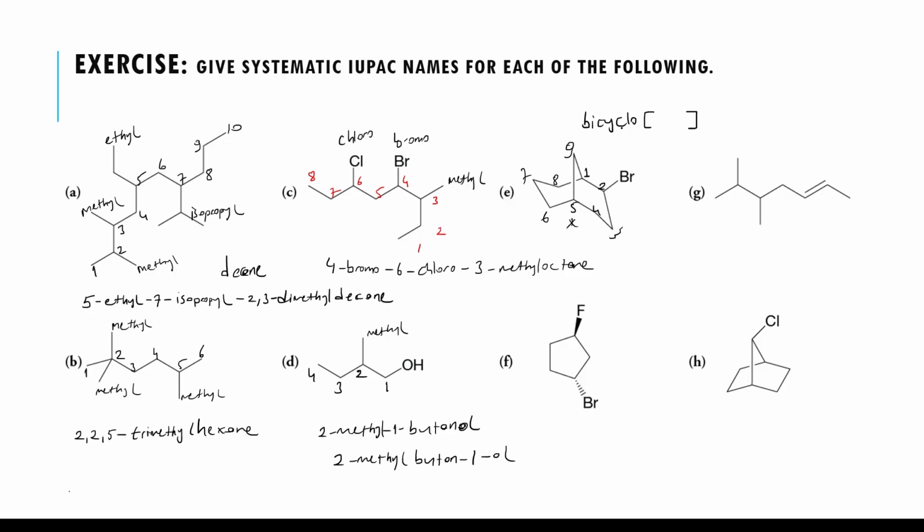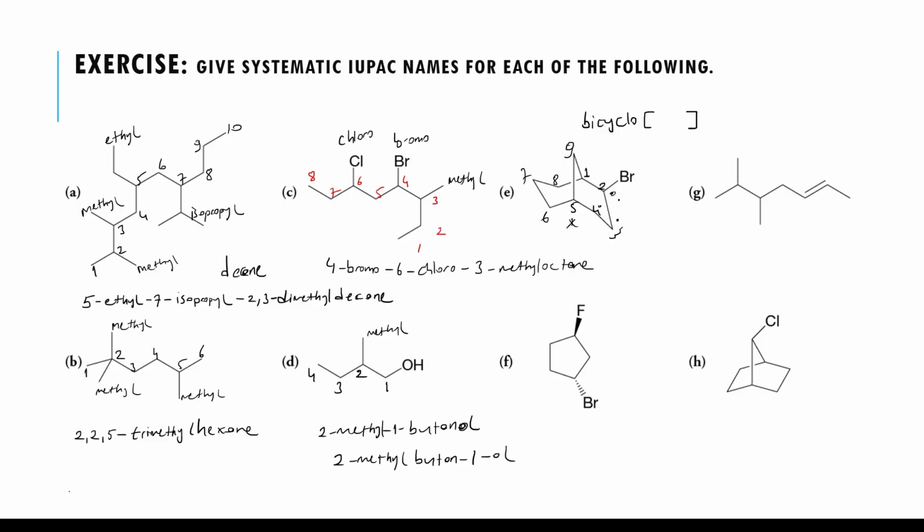Okay, so it's nonane, and here I have to write how many carbons are in each cyclic system and also in the bridge at the end. So in the first one we have 5, but we are not counting bridgeheads, so 1 and 5 will not be counted. So I have this one, and this one.